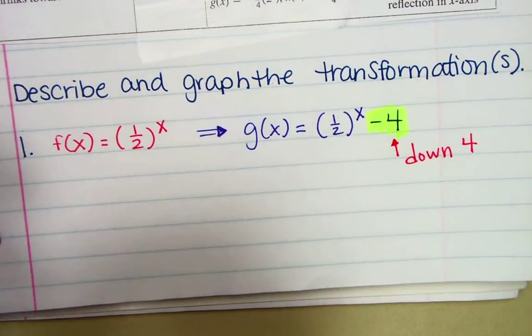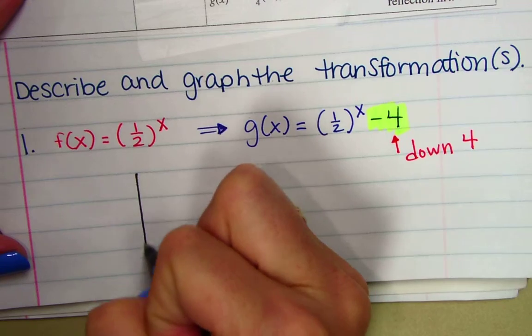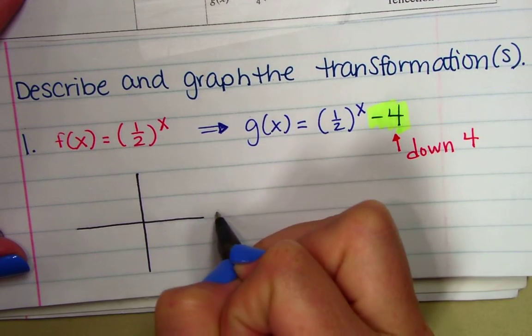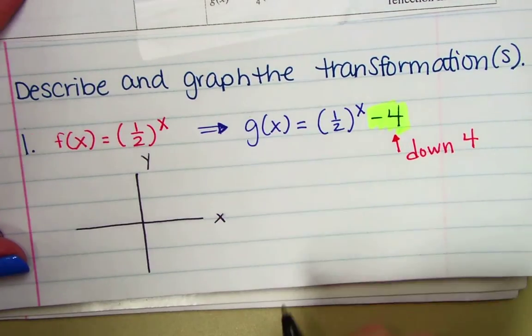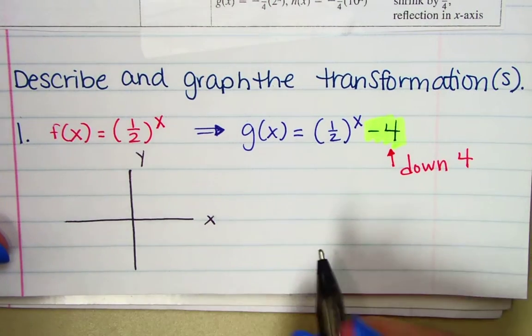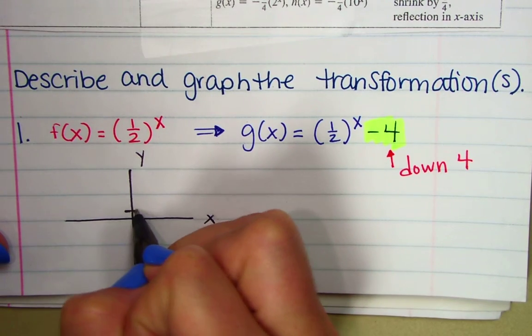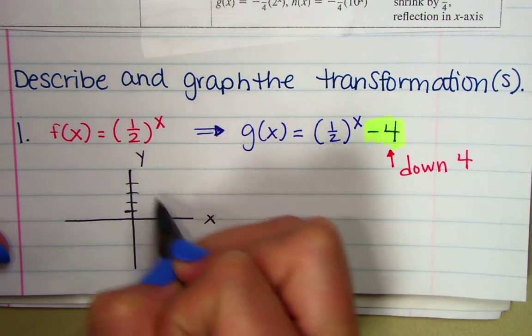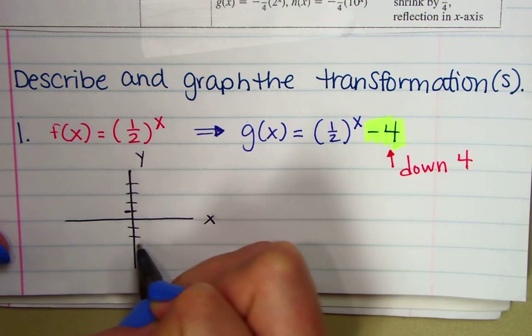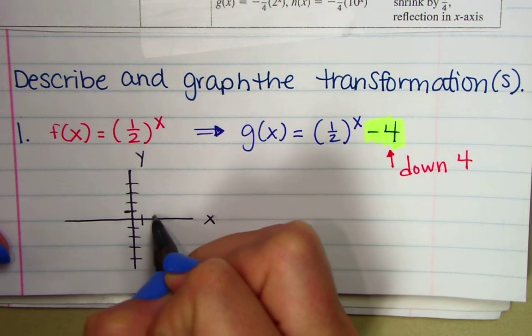So I'm going to just do my graph. It doesn't have to be perfect. This one I am going to do numbers though. I'll go 1, 2, 3, 4.